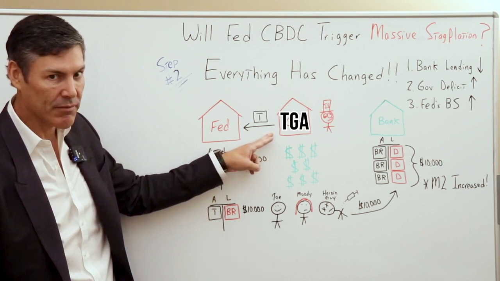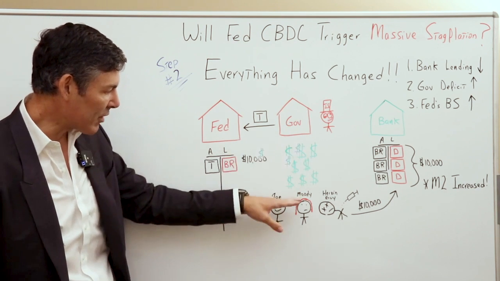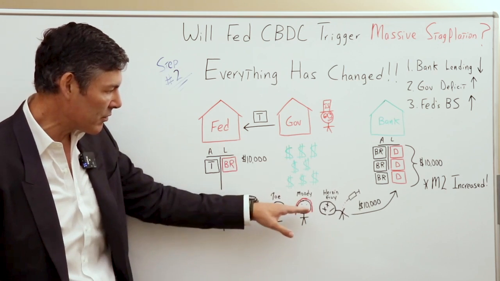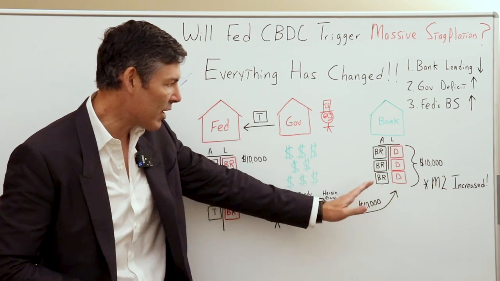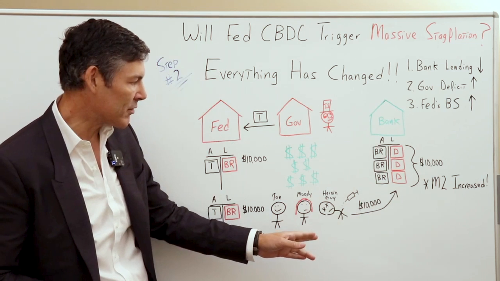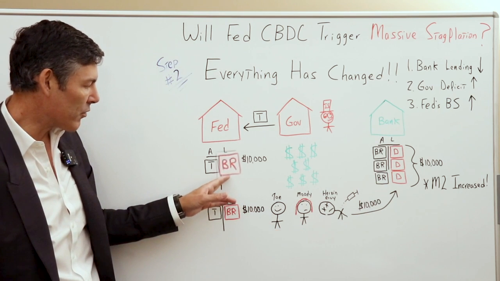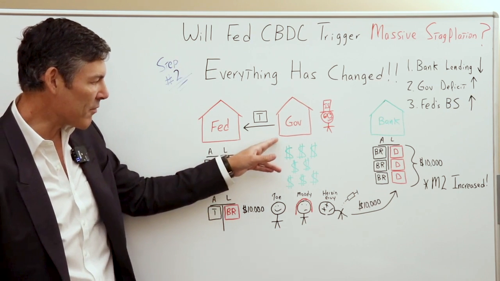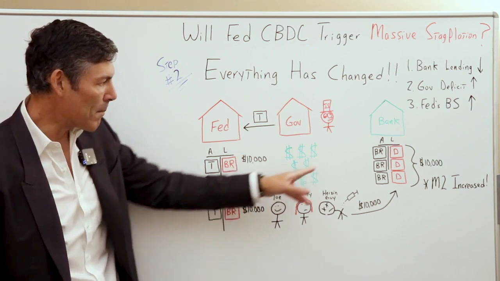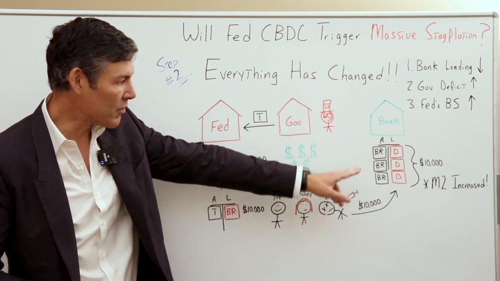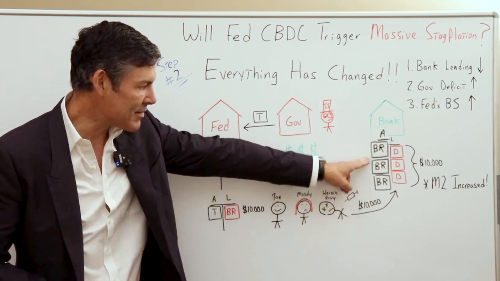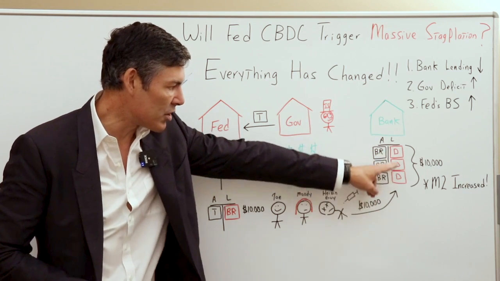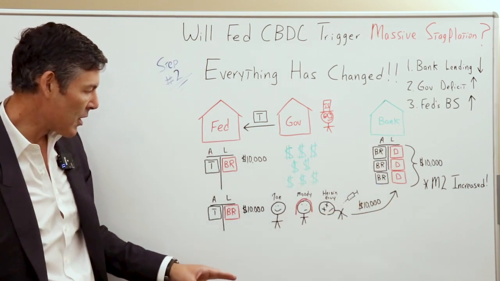Again, the TGA. But when the stimmy checks go out and the individuals deposit those stimmy checks in the commercial banking system, those bank reserves are transferred from the government's account to the bank's account. So now they've got the assets to match up with those additional liabilities.